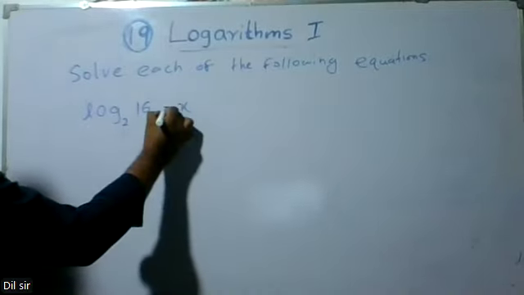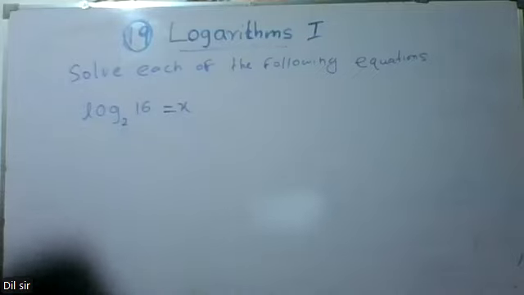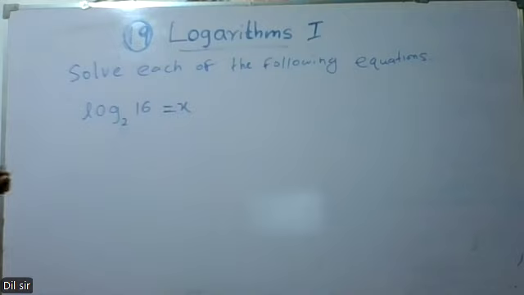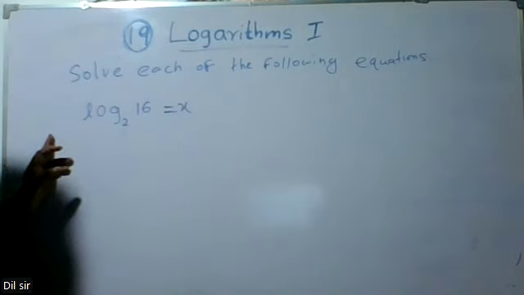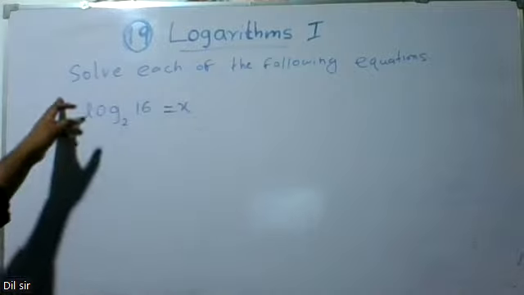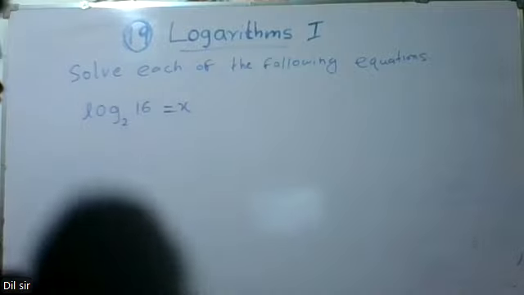Now this is an equation. Why is that? One unknown term is there. What is the unknown term?